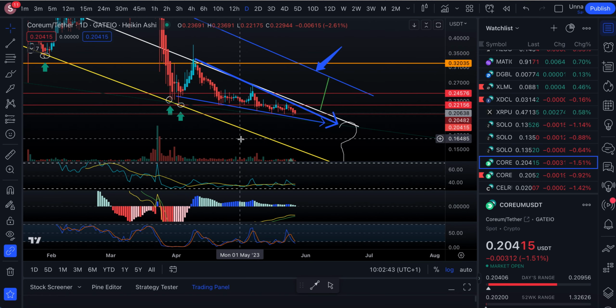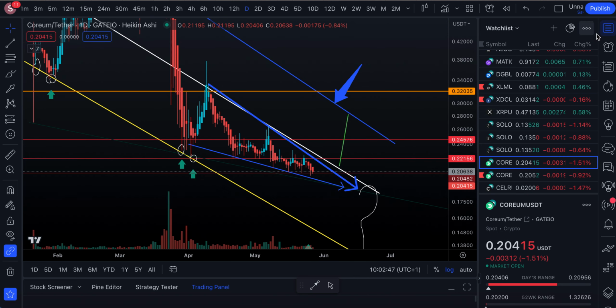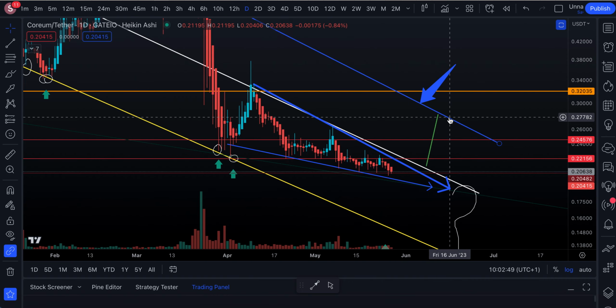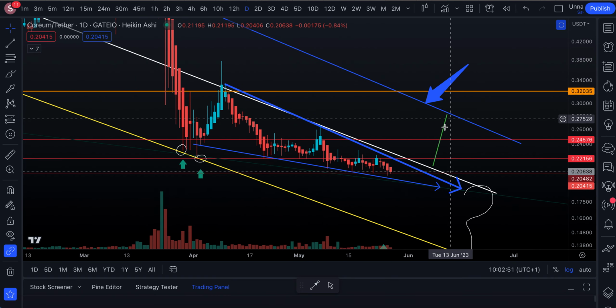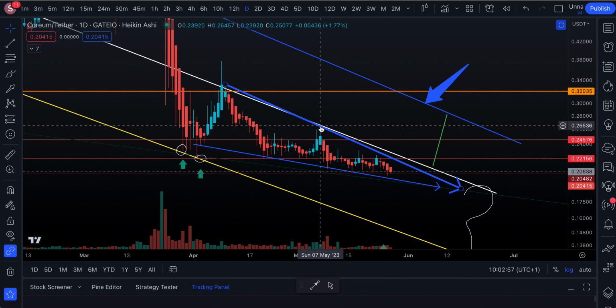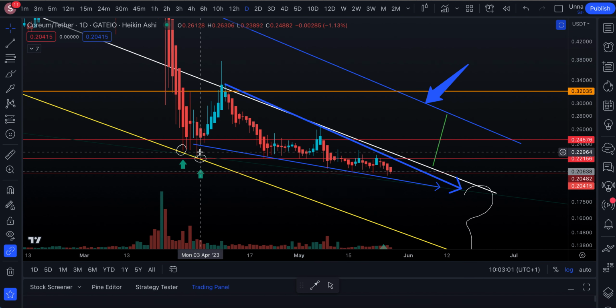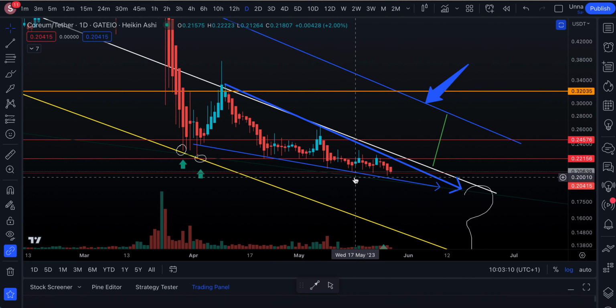So if we have a look at Coreum, we can see that we've got a set of lower highs on the resistance, and lower lows on the support.